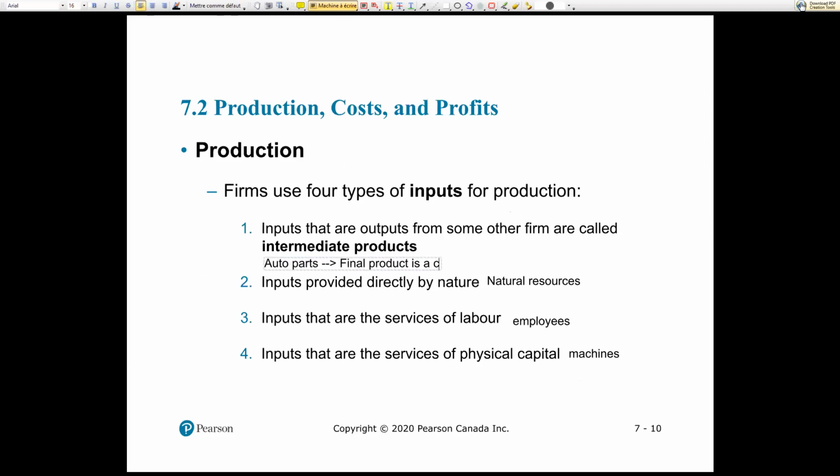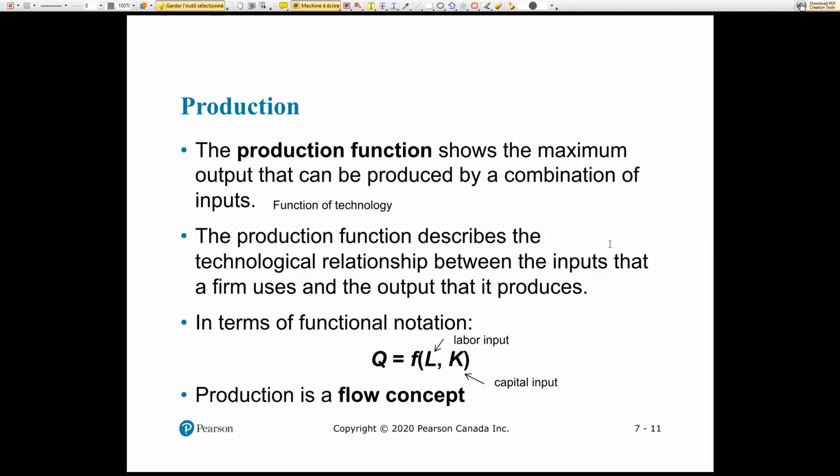It's a car, for instance. So that would be more in the spirit of assembling stuff. Or it could be that I use iron ore and I sell iron, for instance. So the intermediate product would be iron ore. All right.